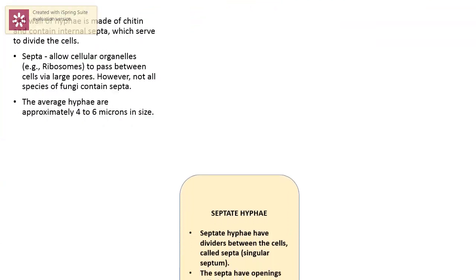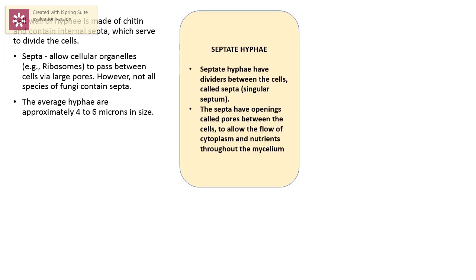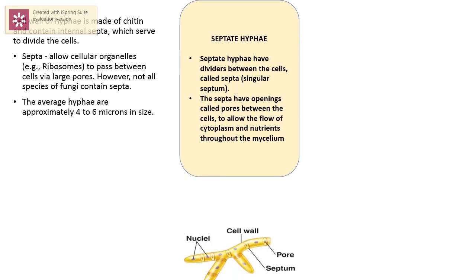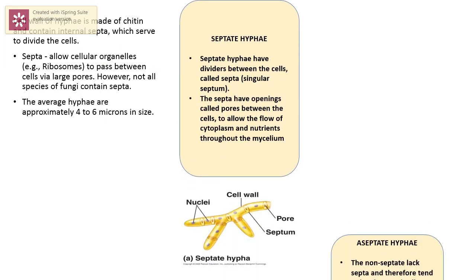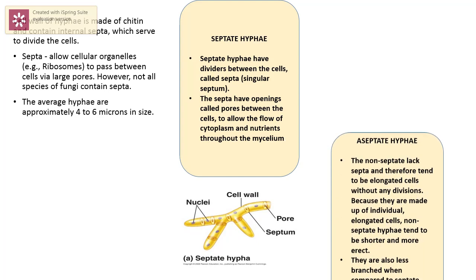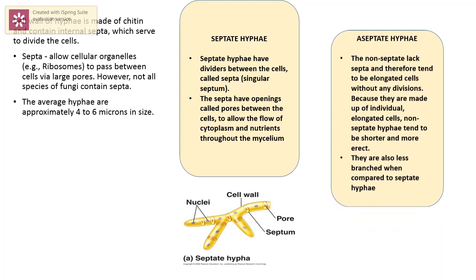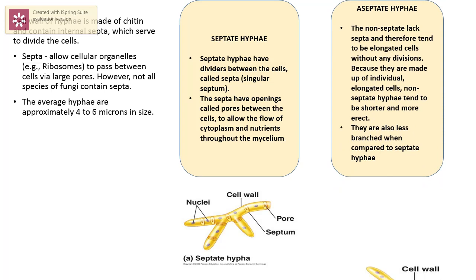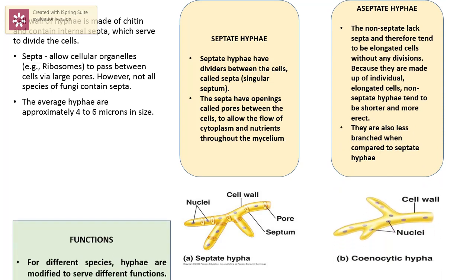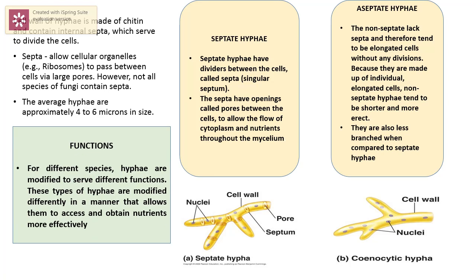To know more about the hyphae of the fungi cell, we should first learn about what septa is. The hyphae consist of one or more cells surrounded by a tubular cell wall. In most fungi, the hyphae are divided into cells by internal cross walls, and these internal cross walls in fungi are known as septa.